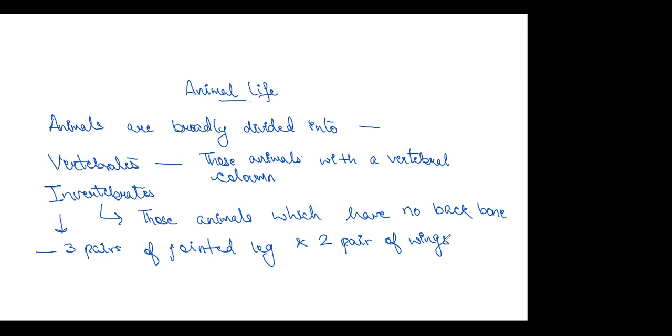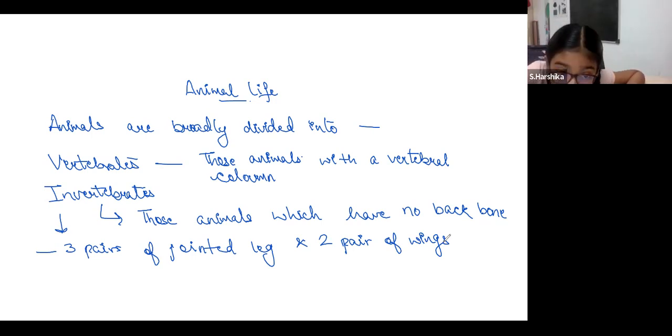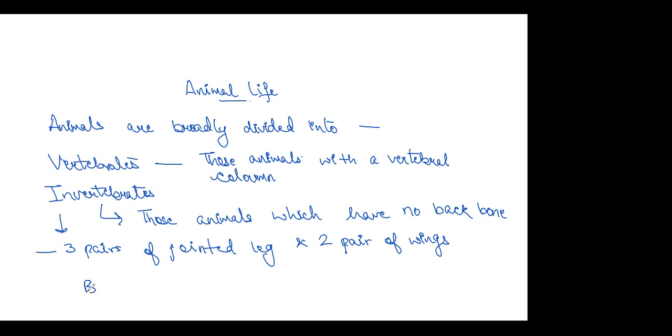Suppose the insects such as bees, right? Bees, you have seen a bee? Yes, ma'am, I have. So, 3 legs on either side. 3 on the left side, 3 on the right side. They are all jointed with the body. So they have 3 pairs of legs.